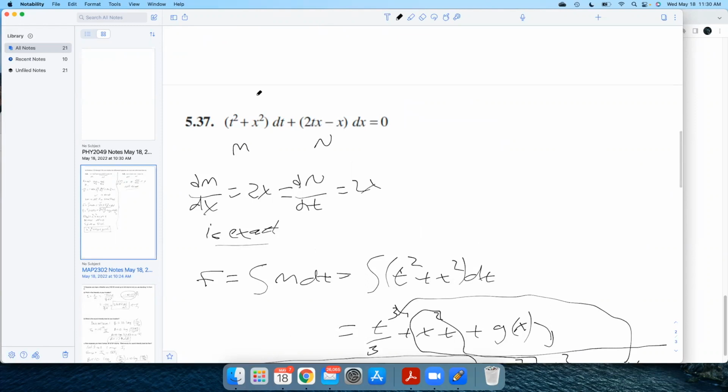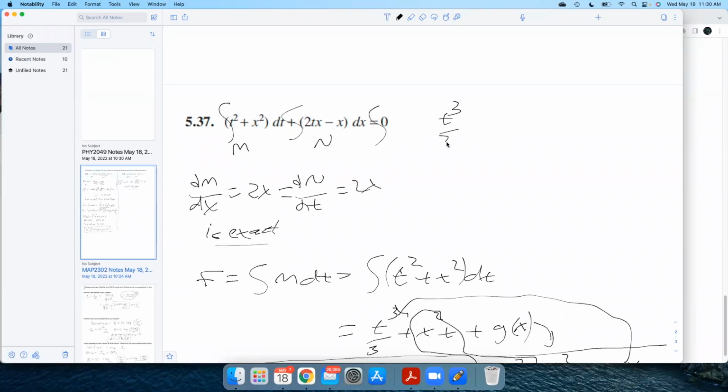Like on a test, you will not get credit for this because it's just wrong. They just do this. Sometimes they'll write a differential over here, sometimes they won't. They'll just start integrating everything. And let's say we did that. Let's integrate this thing here with respect to t. What would I get?